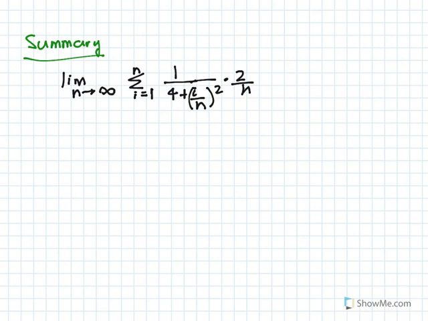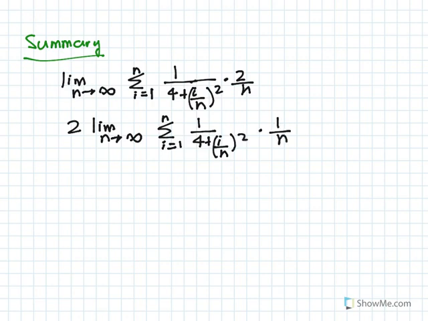We factor the 2 out, and we get 2 times the limit as n goes to infinity of the summation i goes from 1 to n of 1 over 4 plus (i over n) all squared times 1 over n.